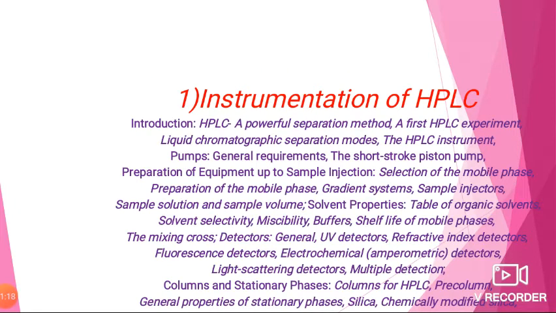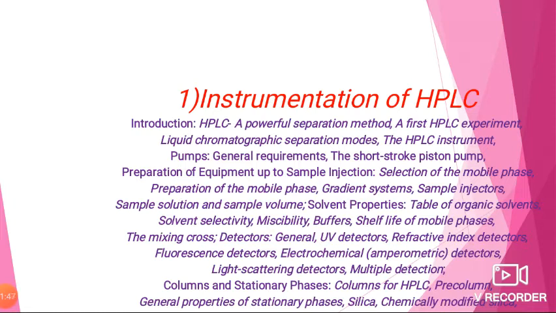Our first chapter is the instrumentation of HPLC. In that chapter, there is some introduction of HPLC. The long form of HPLC is high performance liquid chromatography or high pressure liquid chromatography. Then there is the instrumentation, how HPLC works.